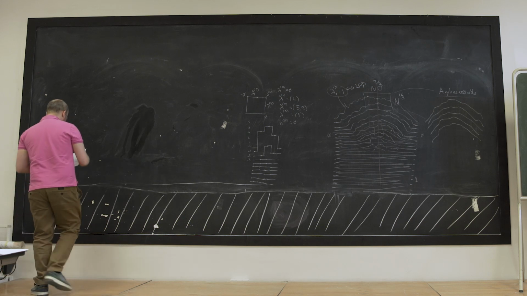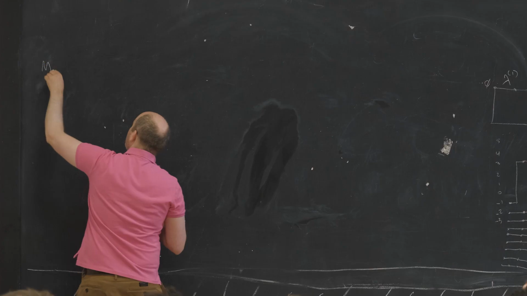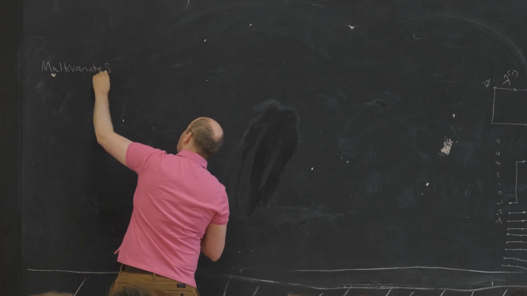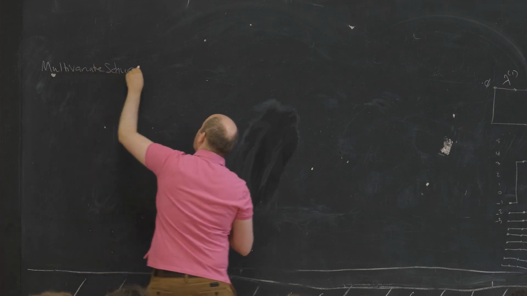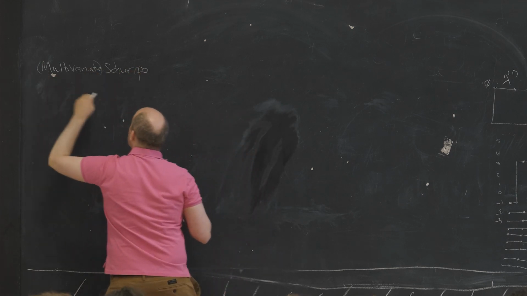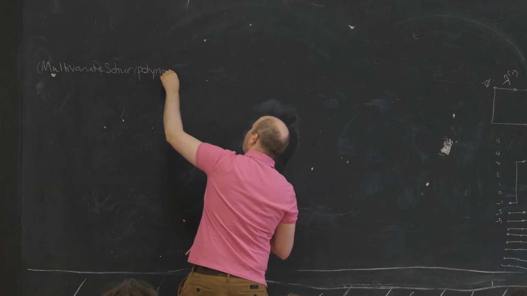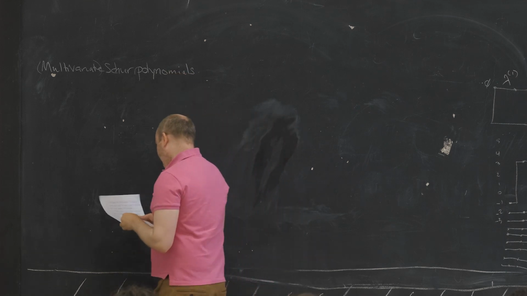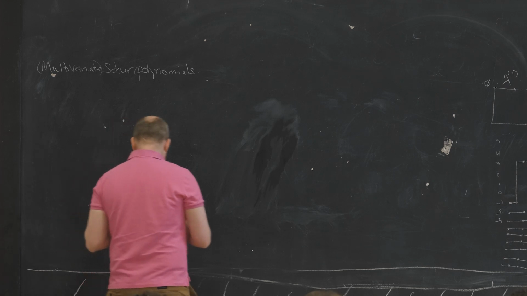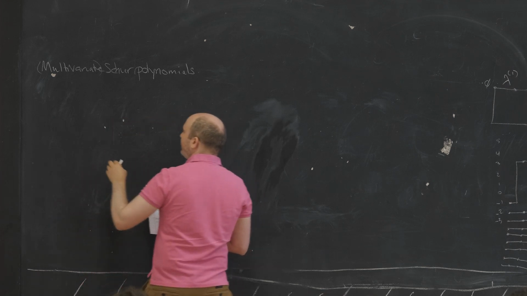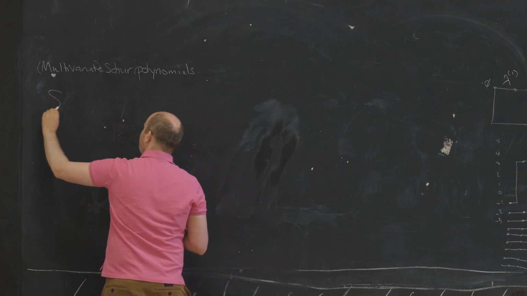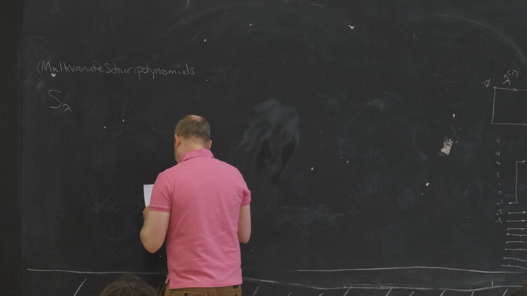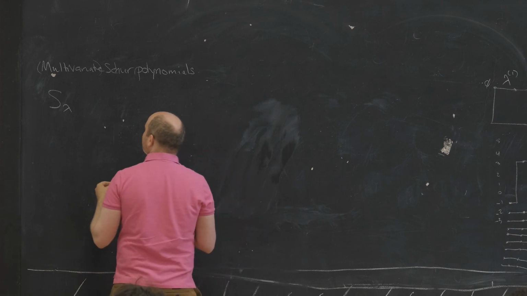But, okay. So let me define what are called multivariate Schur polynomials, or just Schur polynomials. Schur polynomials are indexed by partitions. In fact, you can have multivariate skew Schur polynomials.